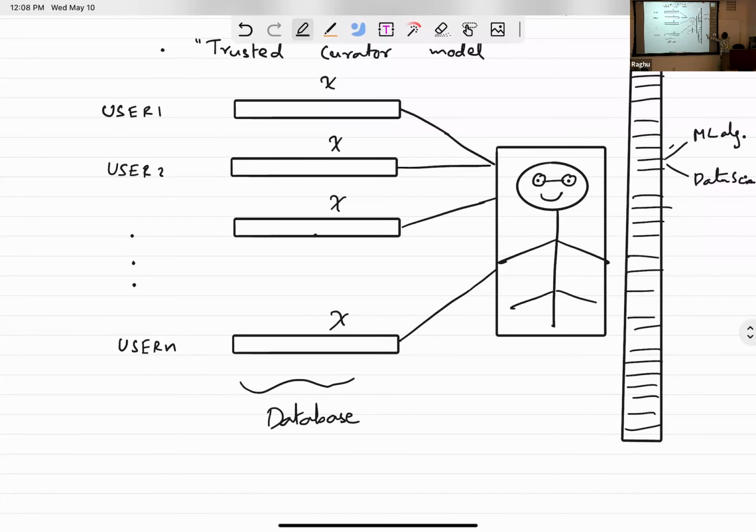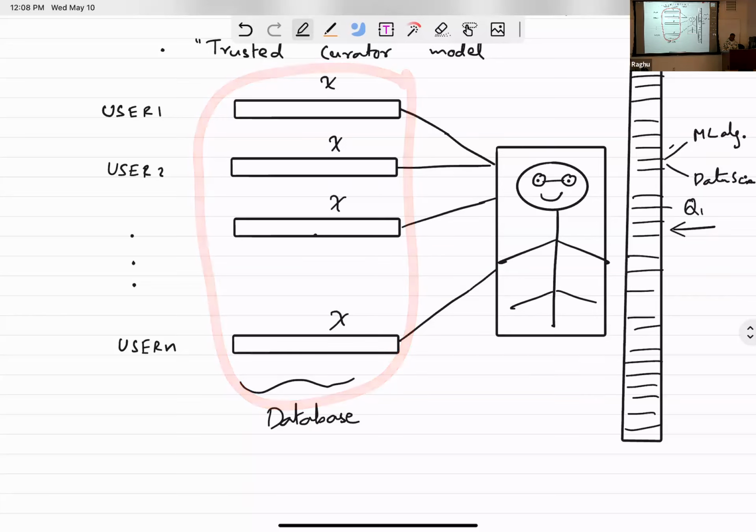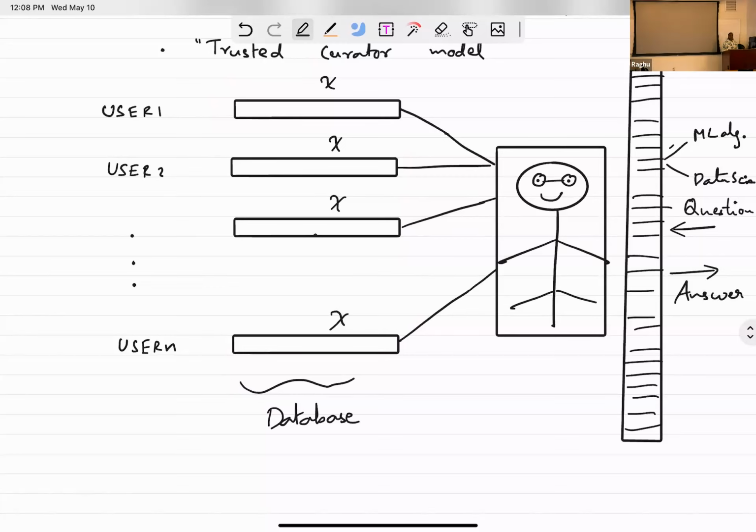They're sitting on this side of the wall and they can interact with the database by asking questions and getting answers. So they don't get to see all of these things, but they have to submit a question and then they get an answer.